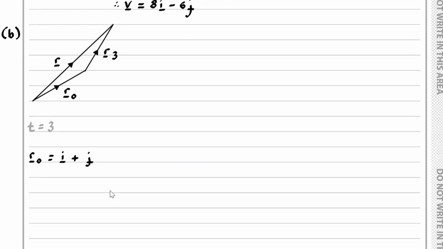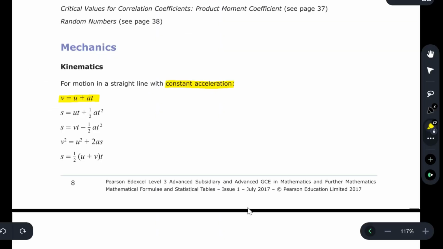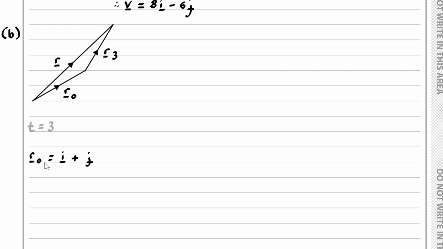Let's find out r3. Now, of course, we'd have to use s equals ut plus a half at squared to help find out what r3 is. So, r3 is equal to ut plus 1/2 at squared.